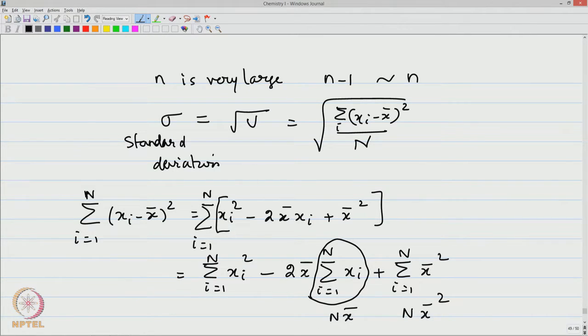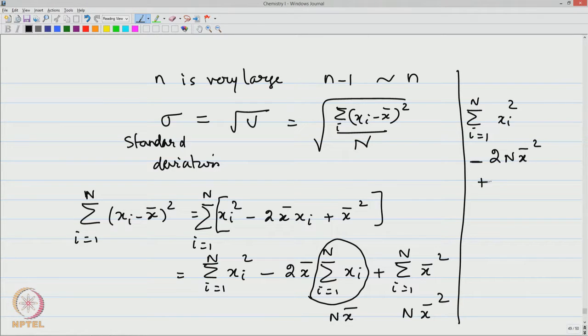So, what you have come up with, if I write it here for this page, is the sum over i equals 1 to n of x_i squared minus 2 times n x bar squared plus n times x bar square.